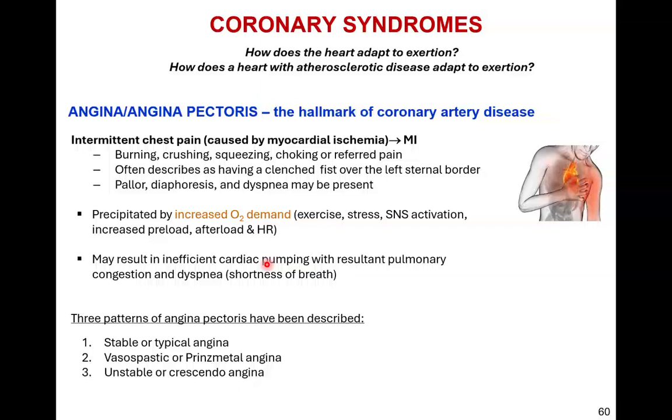I said they're squeezing, or sometimes a clenched fist that's being poked into your sternum. Some of the signs that accompany this are shortness of breath. The patient may become pale. They may start sweating, because the sympathetic nervous system has been activated.